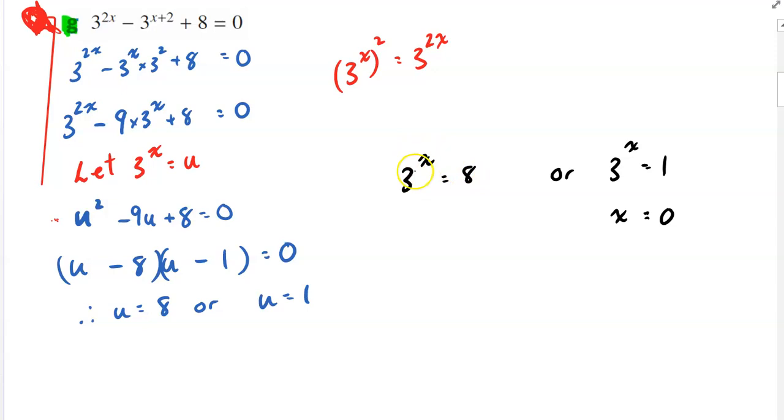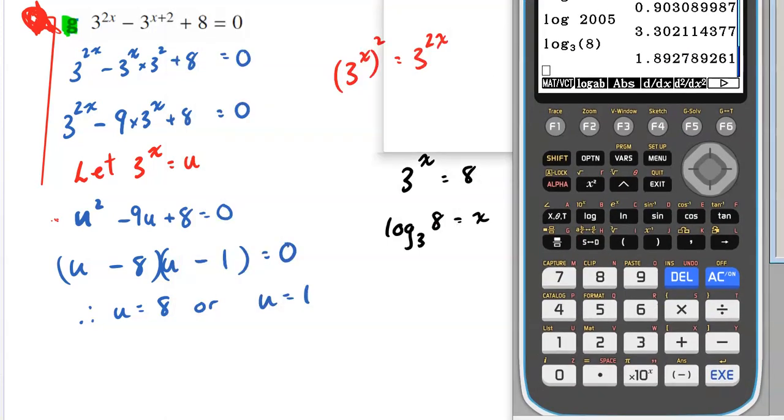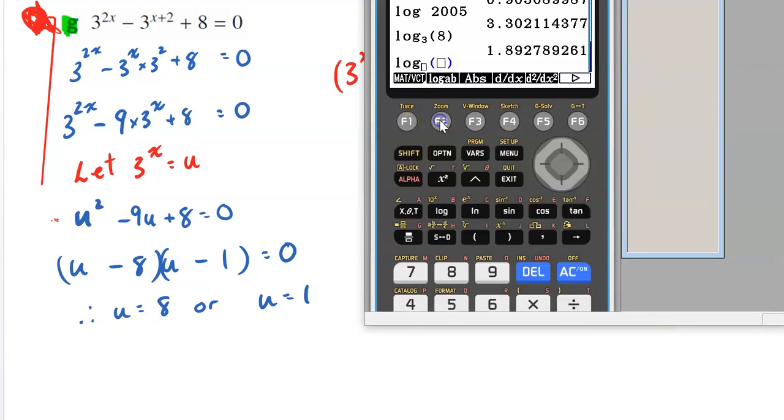This one, we just got to sort of write it in log form. So it'll be log base 3, 8 equals x. And I can get my calculator out and use my log AB button. Log base 3, I've already got it, 1.89.